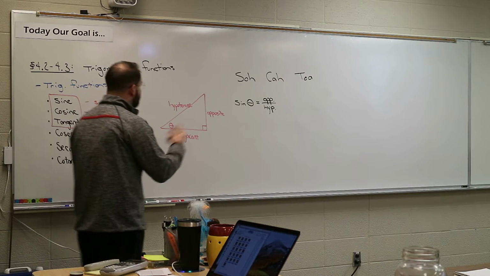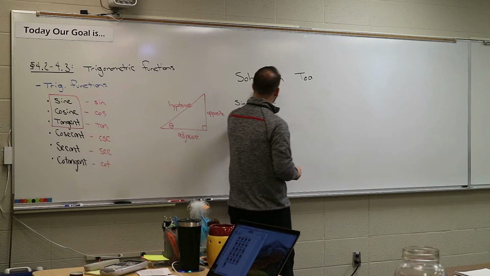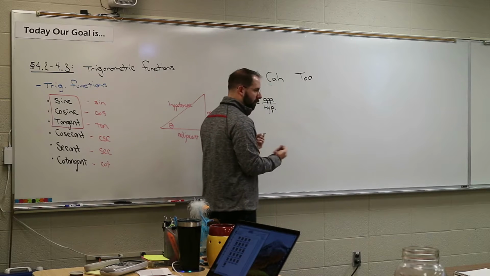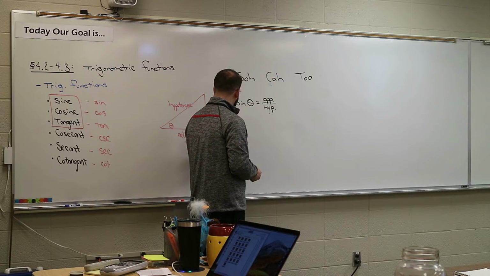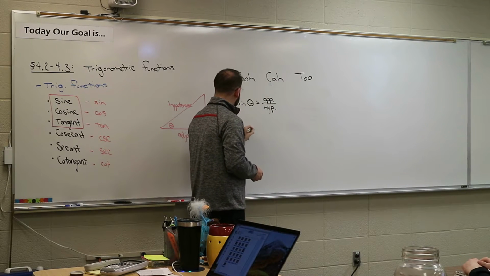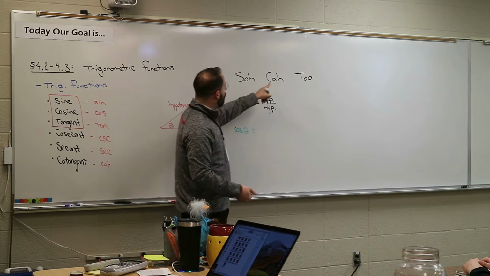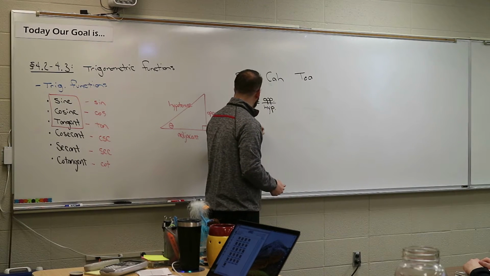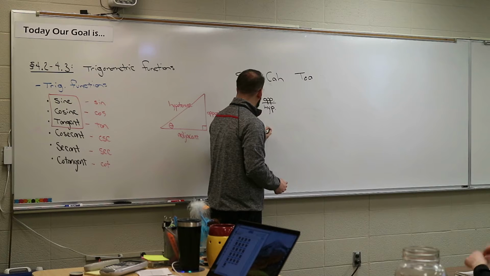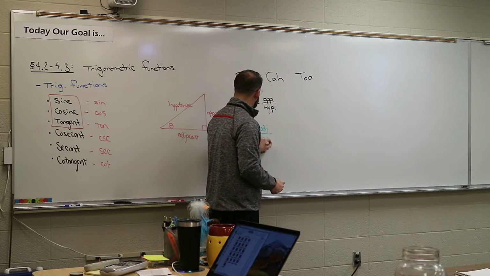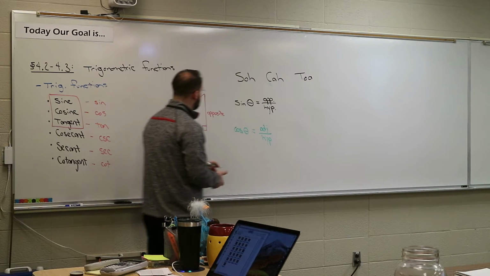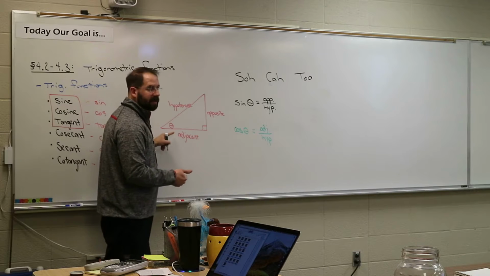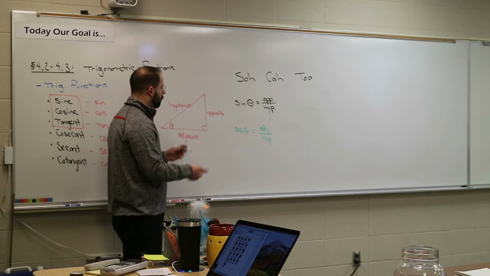Now, the second one is cosine. So cosine, or the C here, COS, cosine of an angle, whatever angle you type in, it's going to automatically on your calculator give you the adjacent wall, and it's going to divide by the hypotenuse. So A over H. So the adjacent wall, whatever that length is, it'll take it and divide by hypotenuse, and it'll always divide.